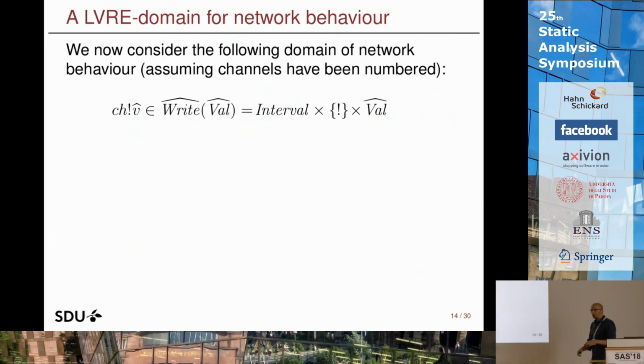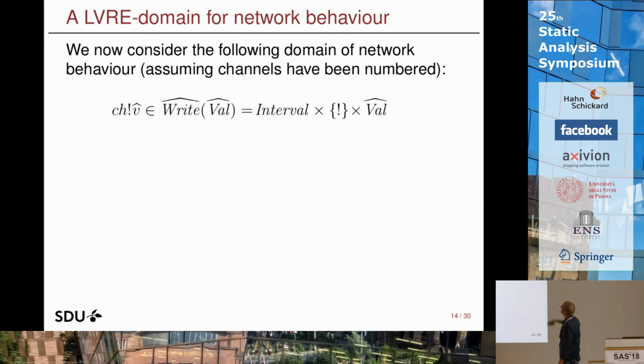All right, enough about lattice-valued regular expressions generally, but for our purposes, if we want to do the network analysis, we can then use them as follows. So suppose we number the channels there. I'll just use an interval there to describe what channel we are writing to, and then the analysis as formulated is parametric in the abstract value domain.